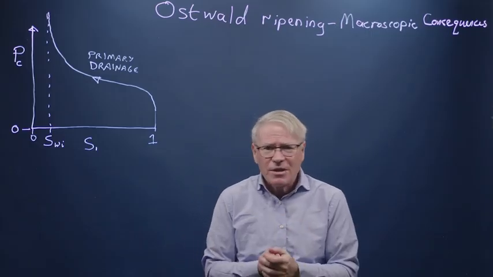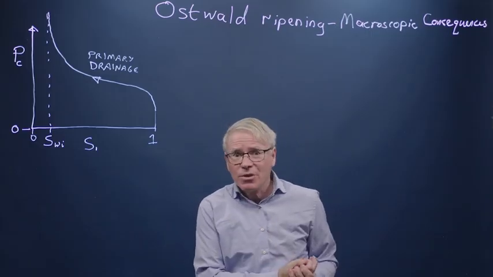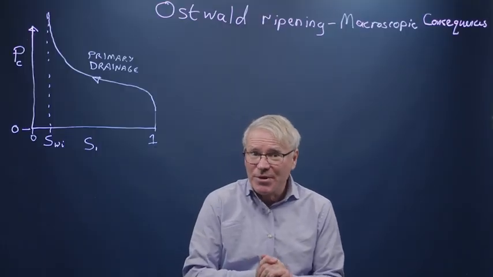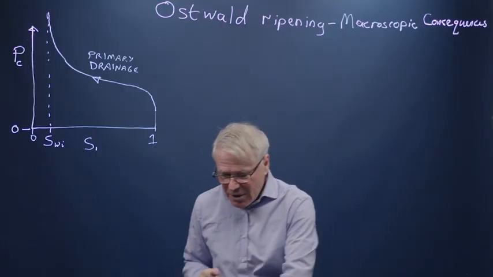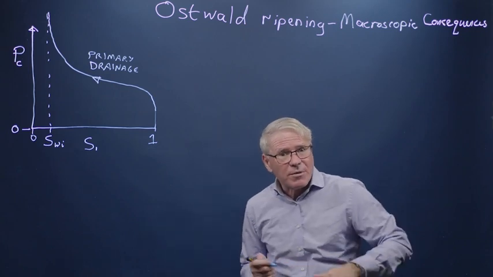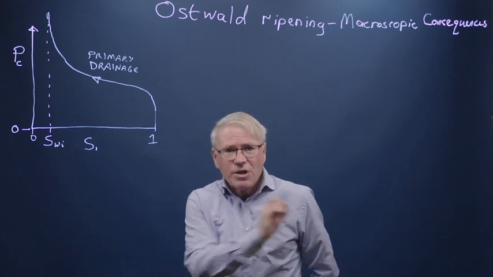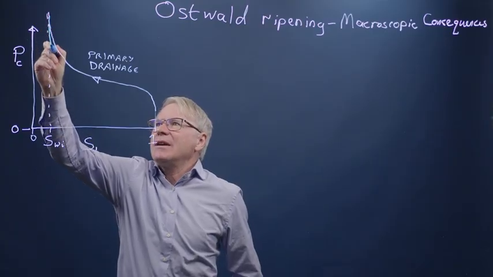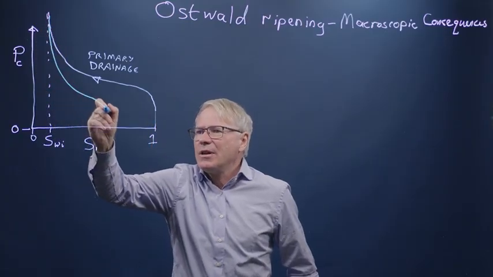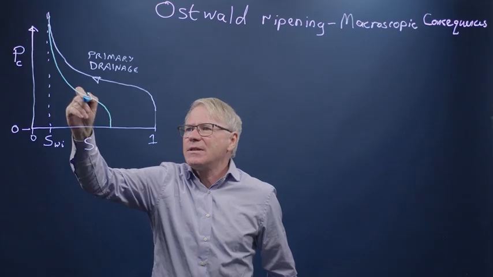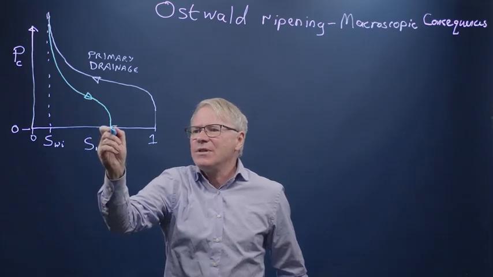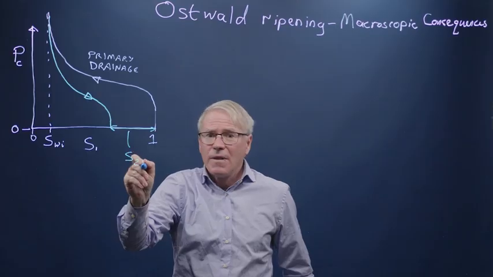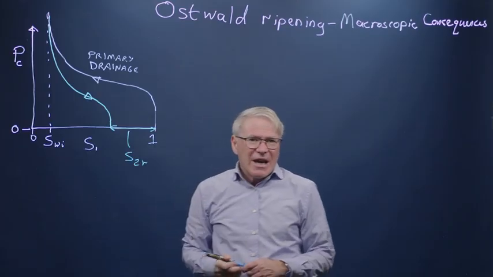In an oil water system, there's negligible dissolution of the oil in water. And of course, the oil is a lot denser, so there are a lot more moles you need to move around anyway. So let's imagine a laboratory experiment that does not have Ostwald ripening. So in that case, this will be a classic imbibition experiment like this, and you will get a residual saturation here, S2R. That's the residual saturation.